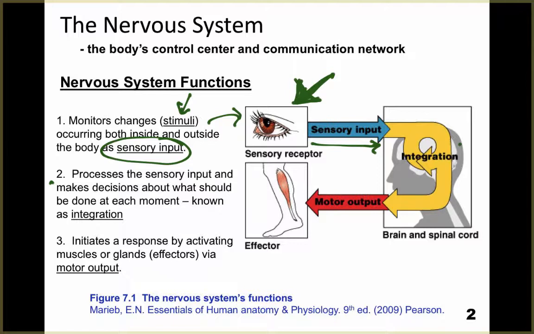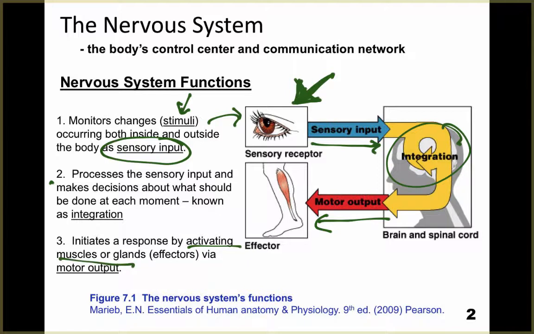The nervous system processes what those sensory receptors are telling it, and then it does what's known as integration. Basically, it makes a decision. And then it initiates a response. In this example, that is motor output, right? It initiates a response by either activating muscles or glands.